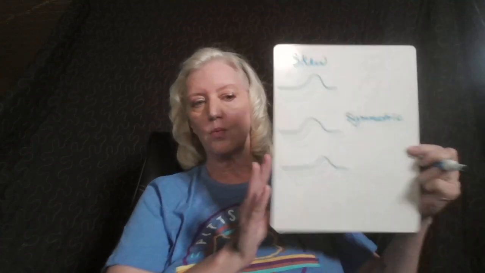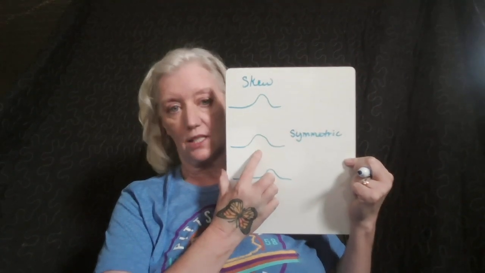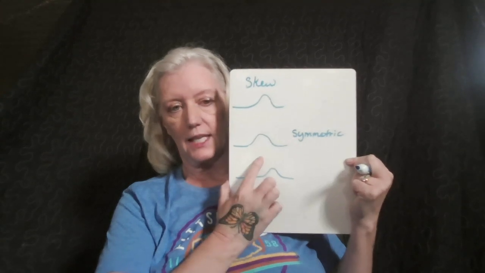That doesn't really matter that much. What this means, though, is this is symmetric. You'll often see this later as what's called a normal curve, but it's only normal if it's symmetric. Keep that in mind for later.